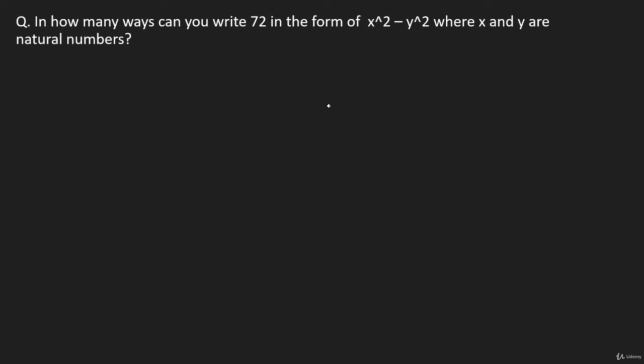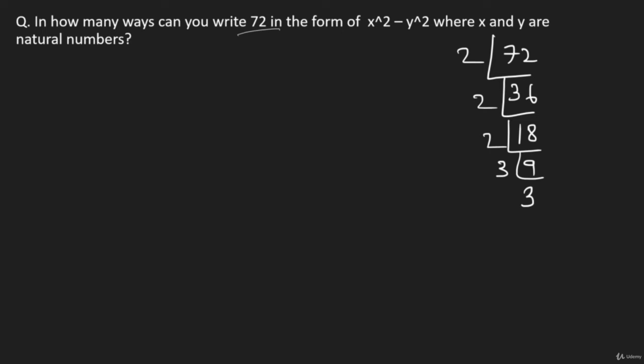The first step is, let's prime factorize 72. Alright, so we can see that 72 can be written as 2 cube into 3 square, right? You have 3 2's over here and 2 3's, so that's 2 cube into 3 square.